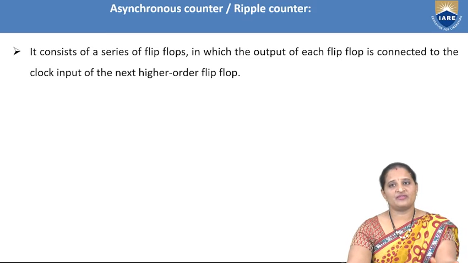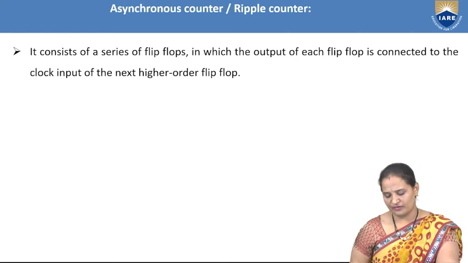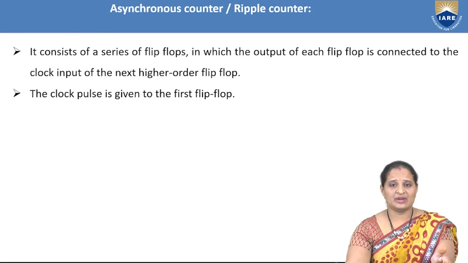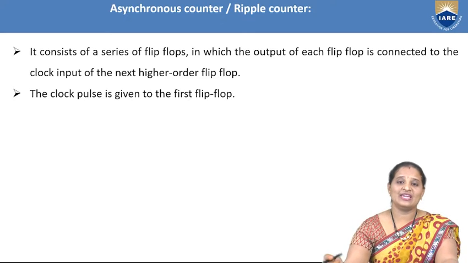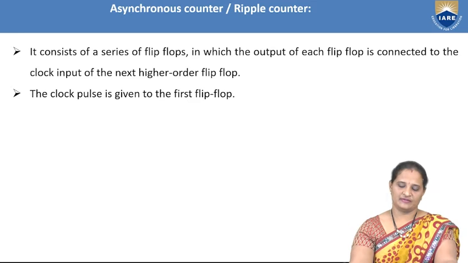So here, the asynchronous counter consists of a series of flip-flops in which the output of one flip-flop is connected to the clock input of the next higher order flip-flop. Basically, the clock signal whose pulses are to be counted is given as clock input to the first flip-flop.